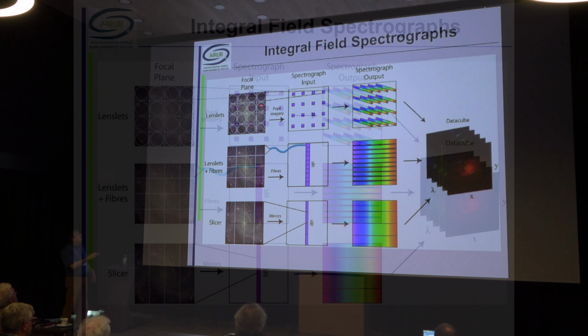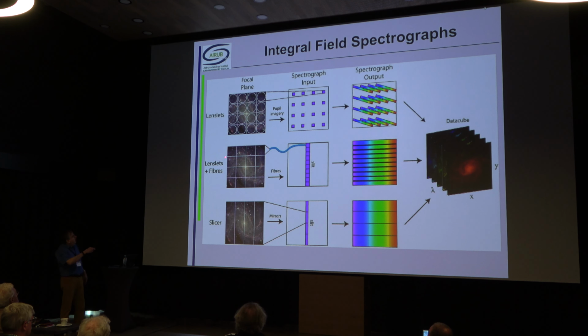But the idea is really we have a focal plane, we have an image, and we cut that into little areas, and then these areas we rearrange into a slit, and then the spectrograph gives us for every one of these spaxels a spectrum.